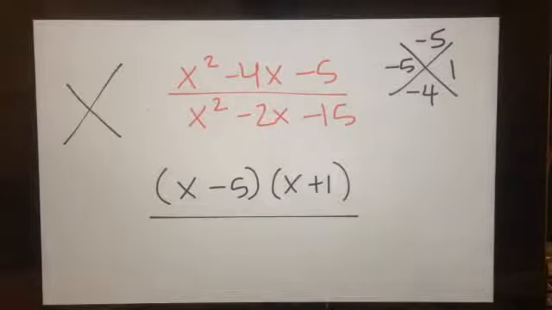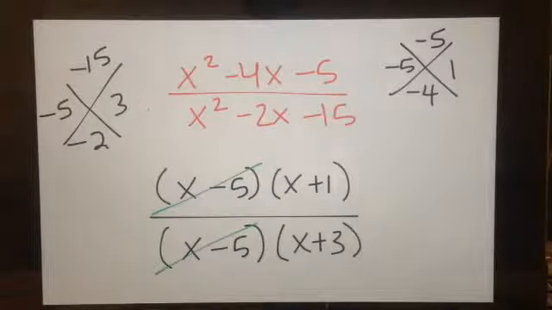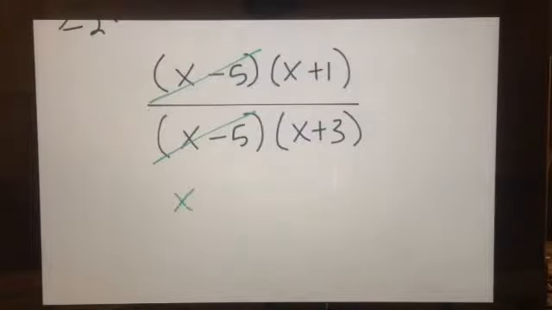On the bottom, I'm multiplying to negative 15 and adding to negative 2. The two numbers there would be negative 5 and positive 3. So on the bottom we have x minus 5, x plus 3. So if you can see, the x minus 5 and the x minus 5 cancel because they're exactly the same. So our final answer for this one would be x plus 1 divided by x plus 3.